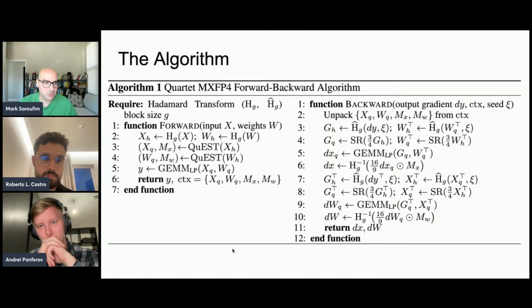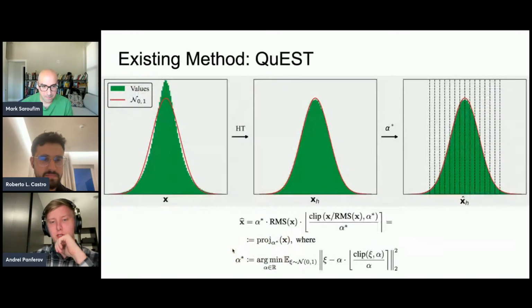So sorry, just basics. What is Quest rounding exactly, and why do a lot of quantization people love the Hadamard transform? I was wondering if you could spell that out. So Quest rounding is basically rounding. I think it's better explained by this slide. So it's rounding as such to minimize quadratic error over a normal distribution.